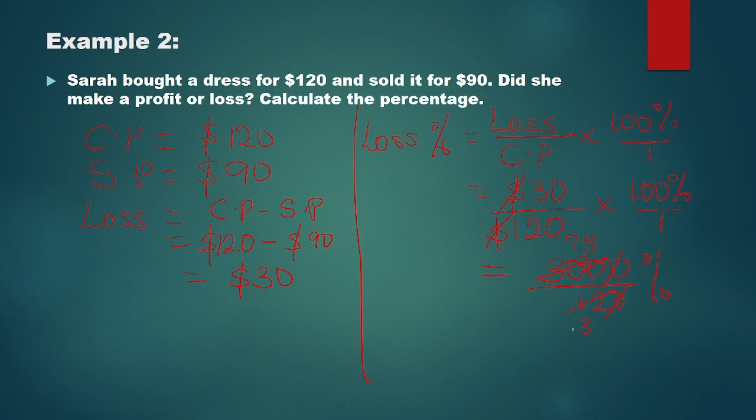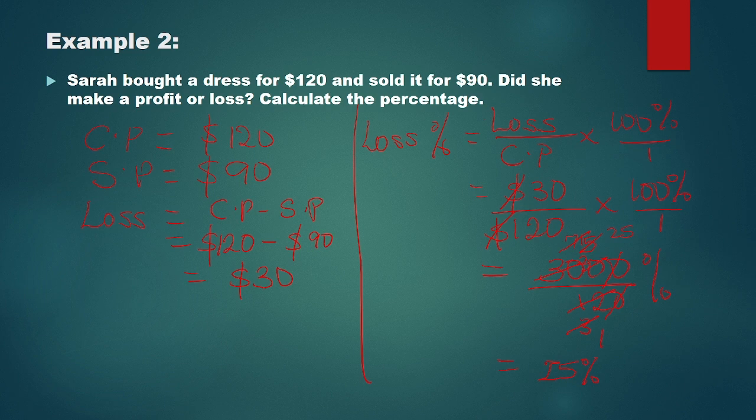I will also take it further to the lowest term. 3 divided by 3 is 1. 7 divided by 3 is 2 with a remainder of 1. 15 divided by 3 is 5. So we are left with 25 over 1, which is simply 25%. So Sarah has made a loss of 25%.